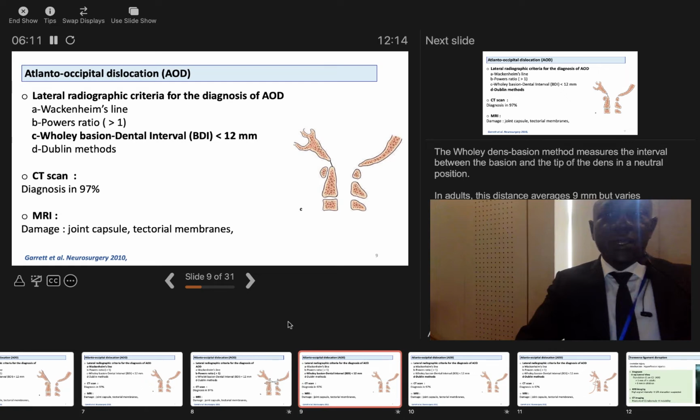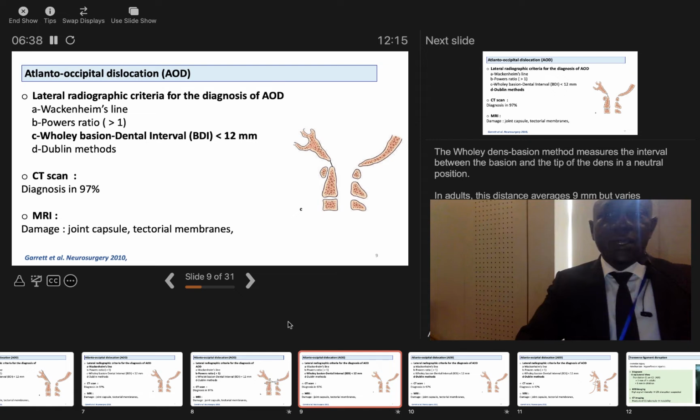The third is the Wholey basion-dens interval measurement. It measures the interval between the basion and the tip of the dens in the neutral position. In adults, the distance averages 9 mm, but varies considerably, and any motion between these landmarks on dynamic radiography is abnormal.